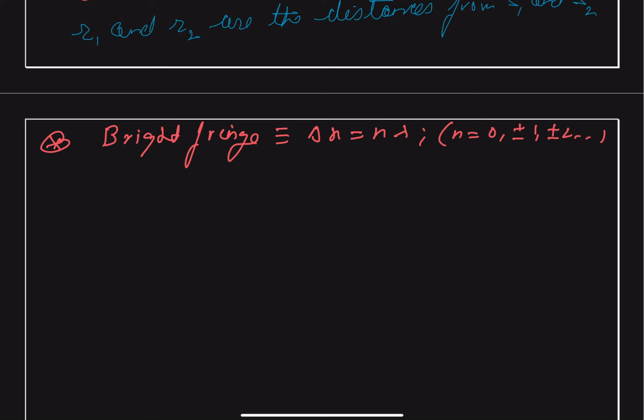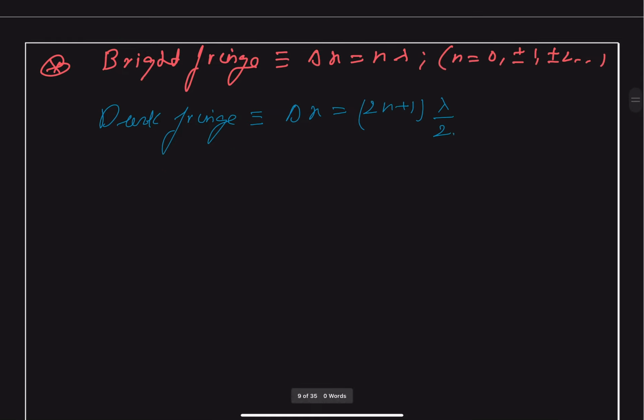And similarly for dark, which is destructive interference, the dark fringe will give us delta x equal to (2n plus 1) lambda by 2. So therefore we can find out the fringe locus.